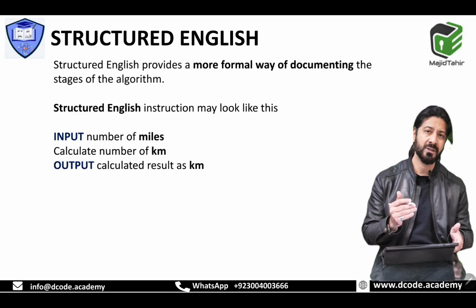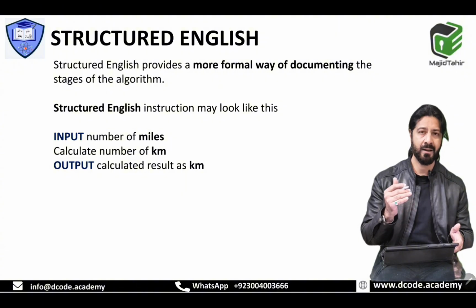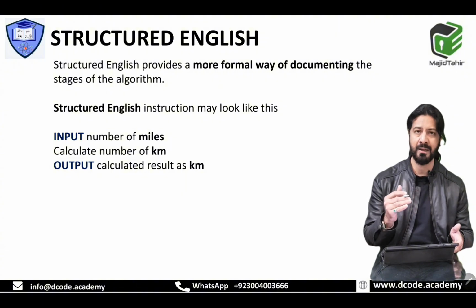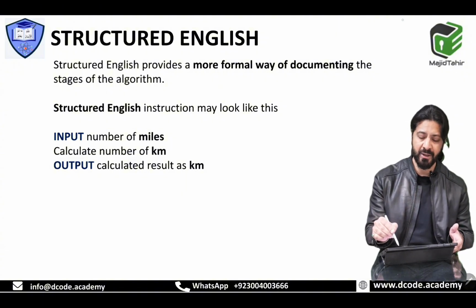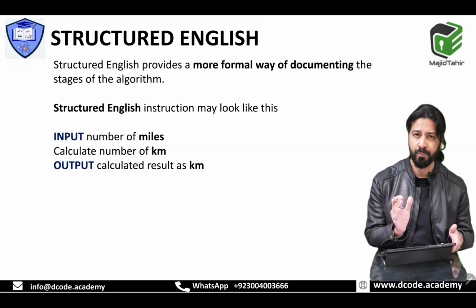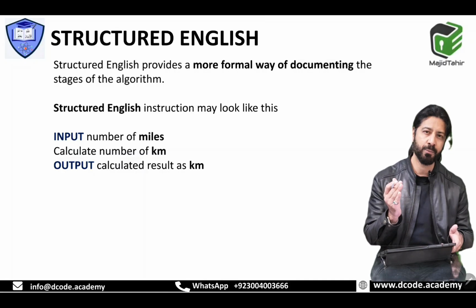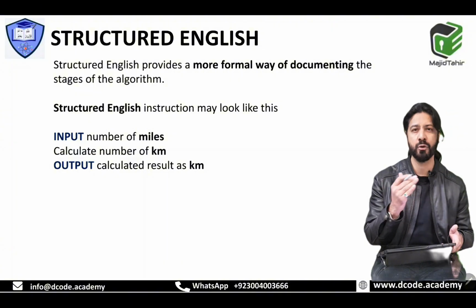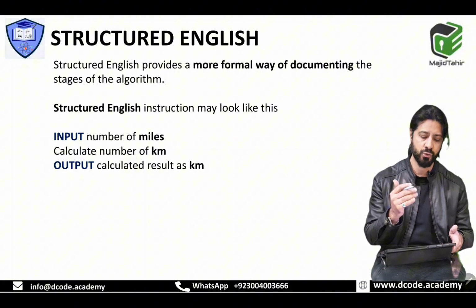Now these are English statements given in English sentences. In structured English, you have to make sure that you highlight the keywords, because when you're going from structured English to flowchart or from structured English to pseudocode, the keywords matter.